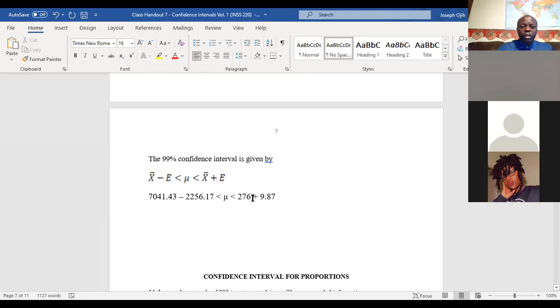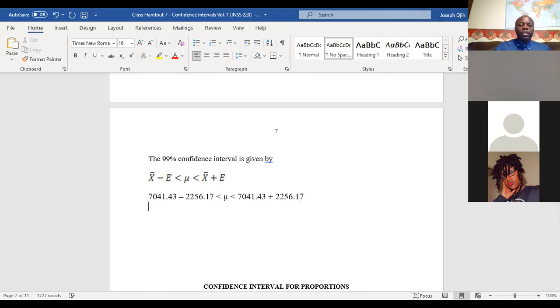Now then repeat the same process here: 7041.43 plus 2256.17. So now with this, we can find the confidence interval. So let's go to the calculator and get these answers, then conclude, and that will be it.